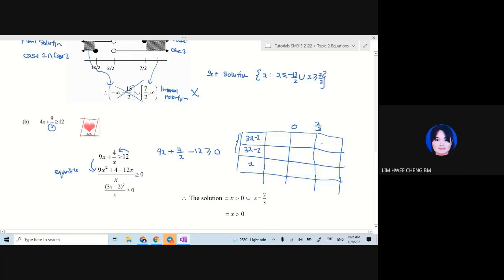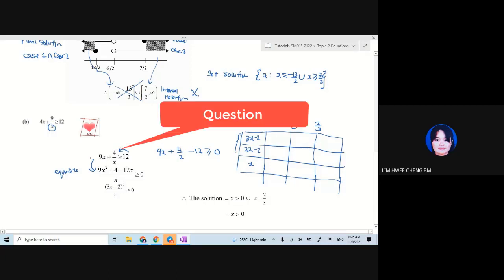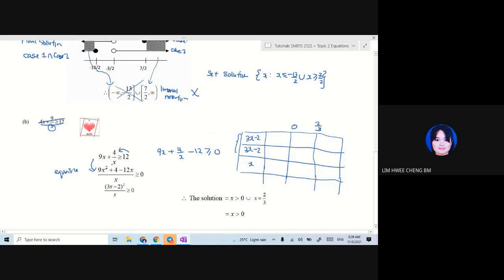Soalan tak sama. 4x yang tiba jadi 9x. Sama. Soalan ini salah kot yang ini. Tak boleh faktor. Should be this. If not, you cannot factorize.